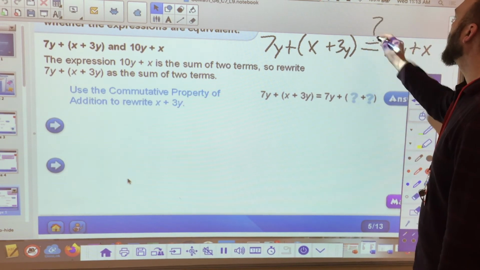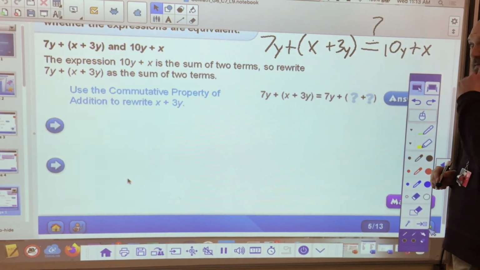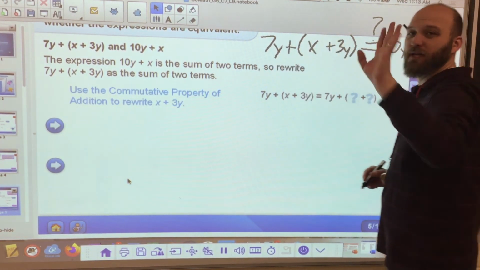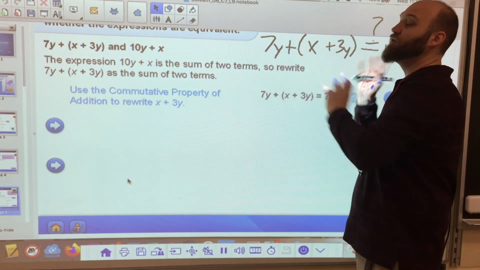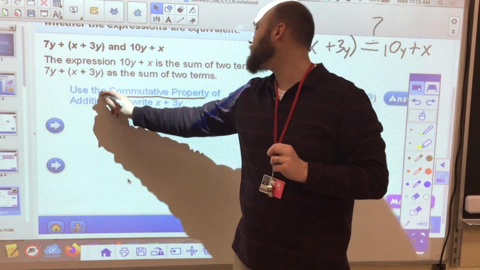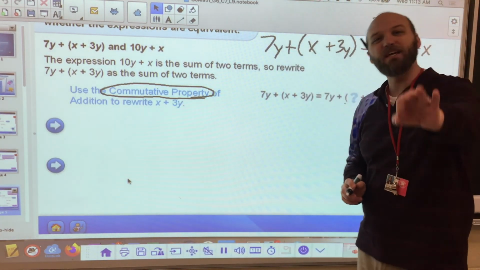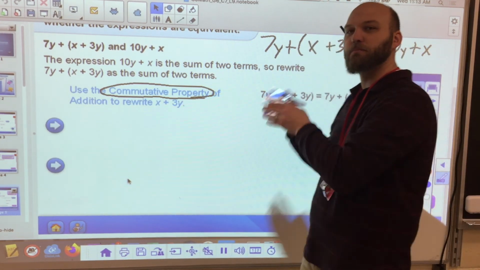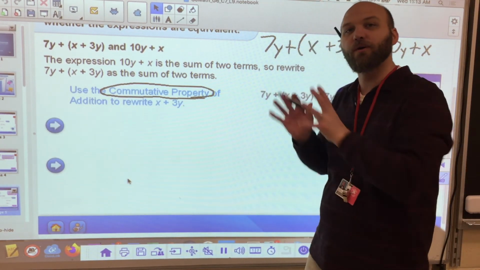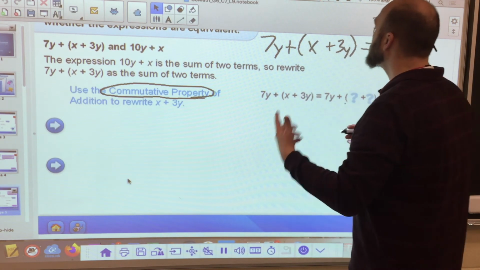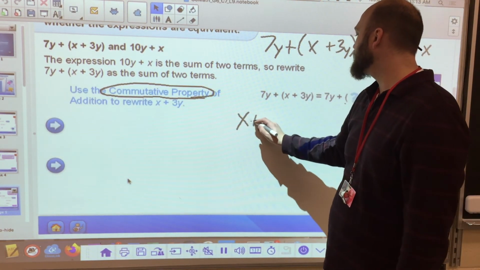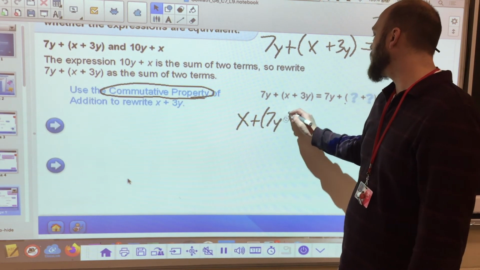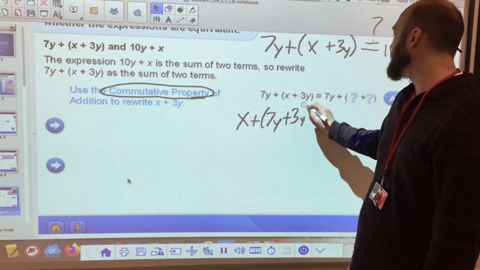Are they equivalent? Well, I'm not distributing because it's not multiplication, but I can move them around with the commutative property. I am less interested with you knowing that it is the commutative property and more interested in you knowing that you can do this. So commutative property, I can move this around and I can essentially get x plus 7y plus 3y.